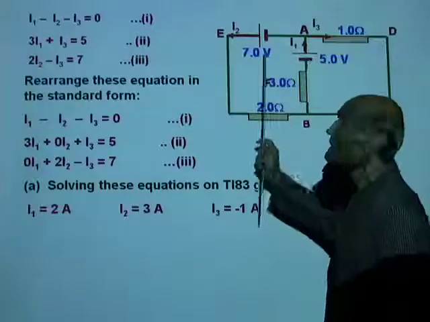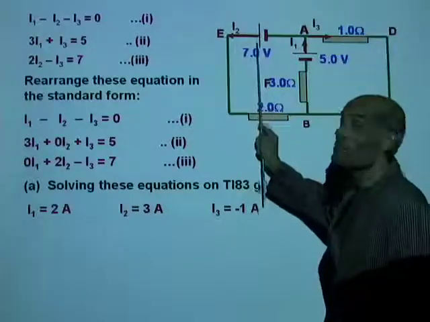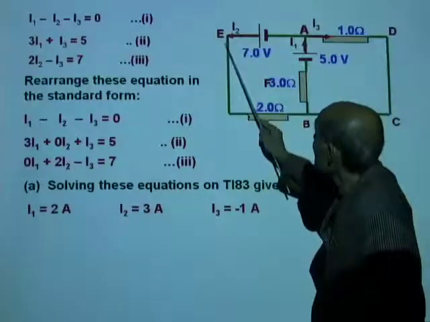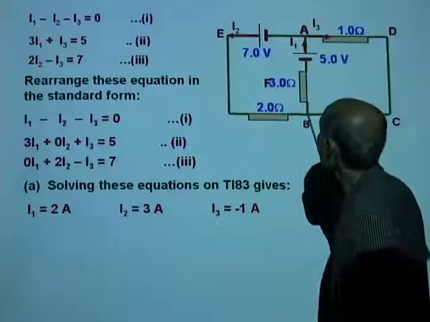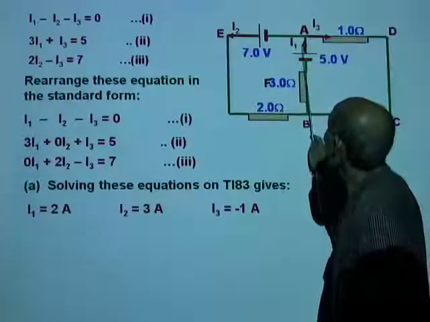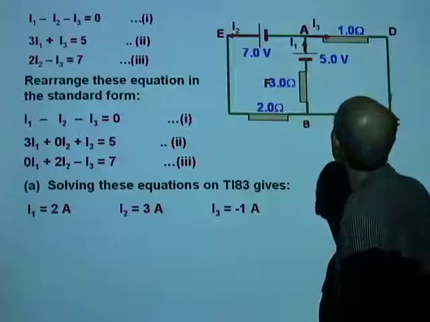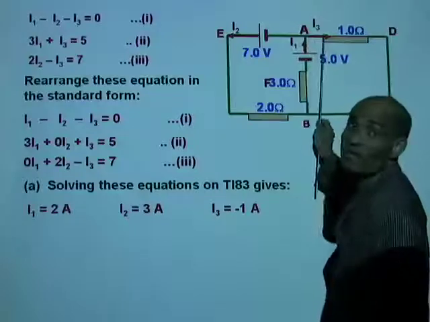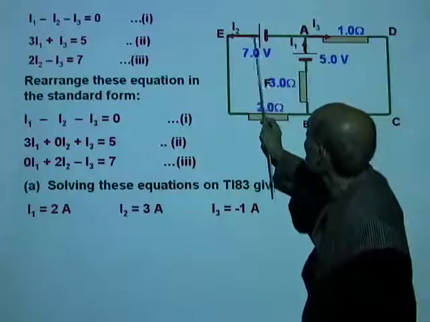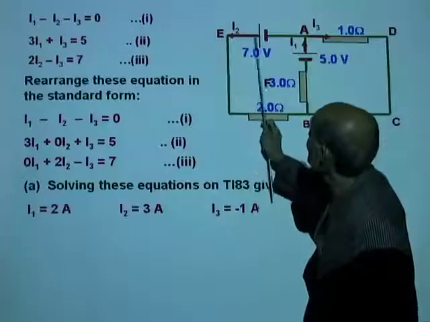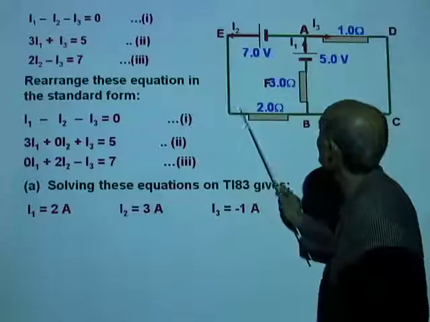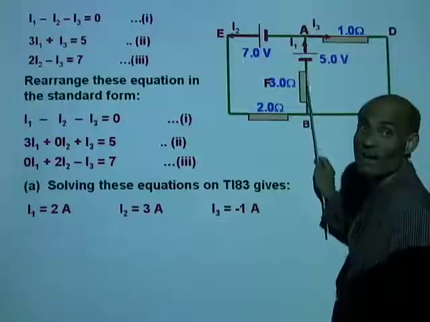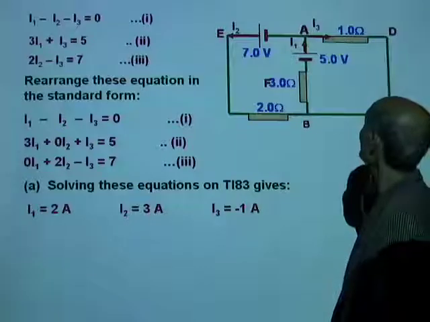That means, you see, it is sensible because this is a bigger battery, the 7-volt battery. The current I2 starting from the positive of the 7-volt battery, coming to junction B, splits into I1 and I3.